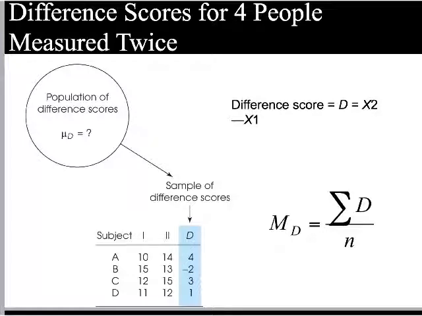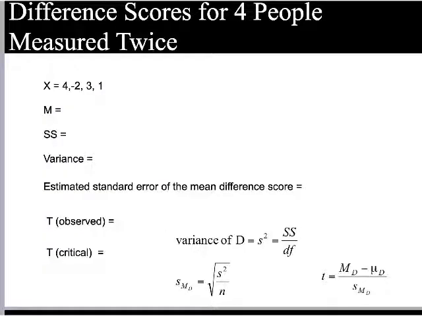Okay, so let's work back to an example here. We've got this data. In the D column, we've got different scores of 4, -2, 3, and 1. So let's work through this. So here are the scores. At this point, it might be useful for you to work through this example. You could pause the video and then attempt to calculate all of these values. We've got a mean here, we've got the sum of squares, get the variance, right?